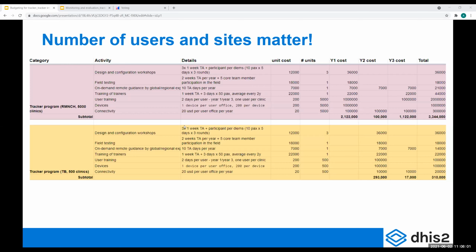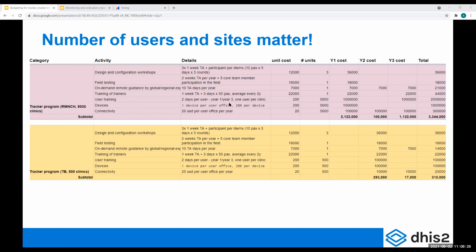So you see here that we estimate that it costs 2 days per user a year in year 1, and in year 3, about 1 user per clinic. So you have 5,000 clinics, so you need to train 5,000 users, and let's estimate that that costs $200 for training an end user for 2 days. Maybe they have to travel somewhere, or I don't know.